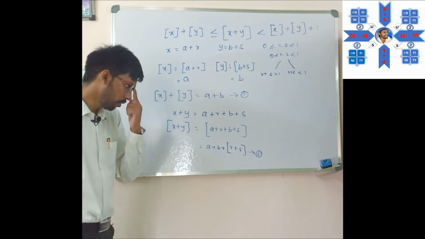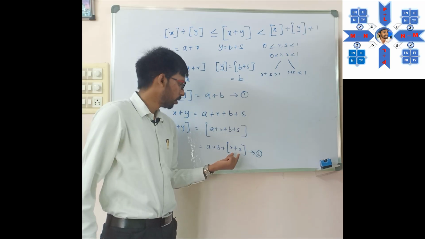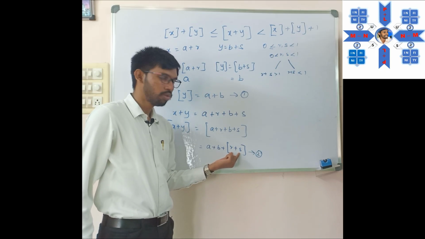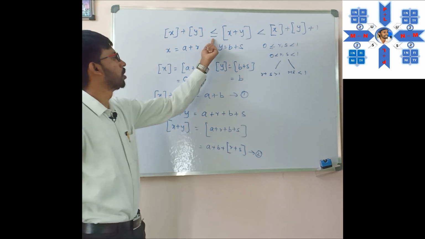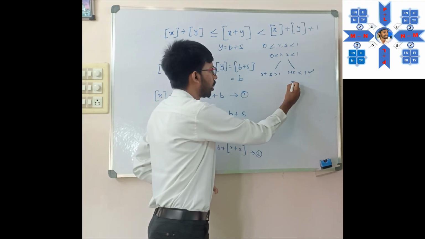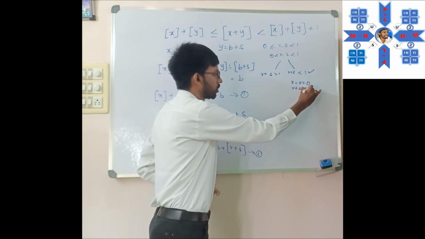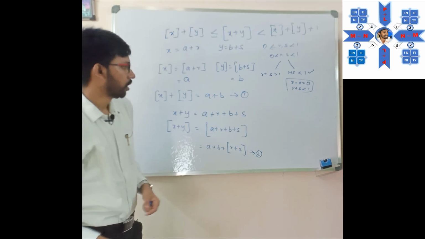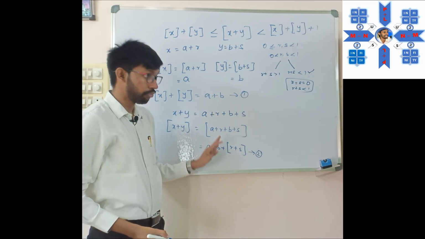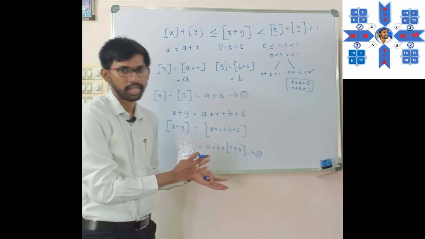If r plus s is strictly less than 1, so this will be 0 point something, the integral function will be 0, still the equality may hold. So the equality may hold when r equal to s equal to 0 or r plus s is strictly less than 1. In both cases, the integer function will be 0, so they both will be equal. If not, then obviously 2 will be greater than 1. I hope you can understand.